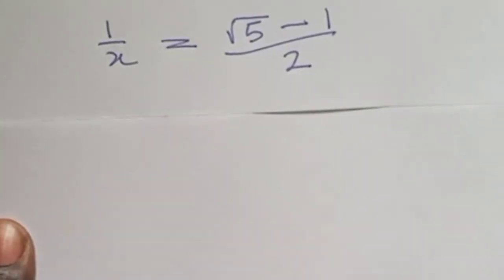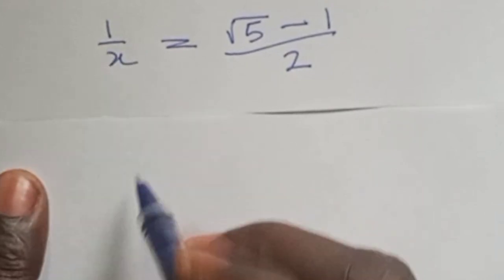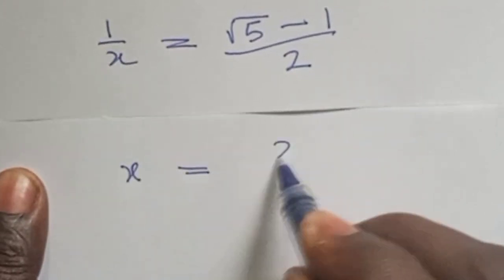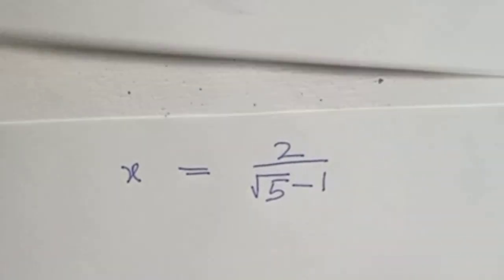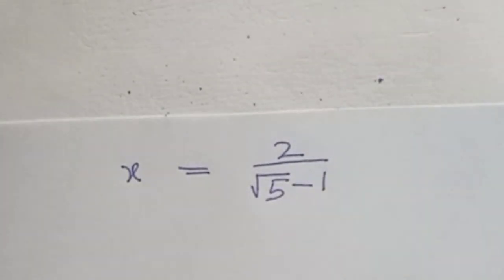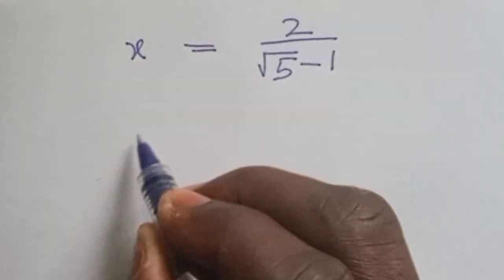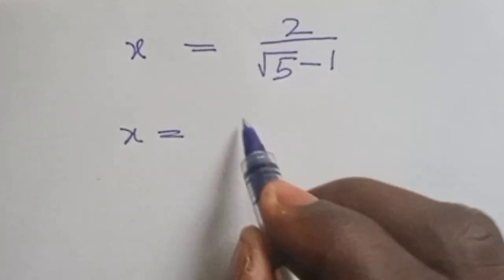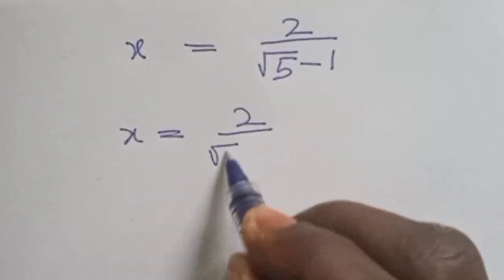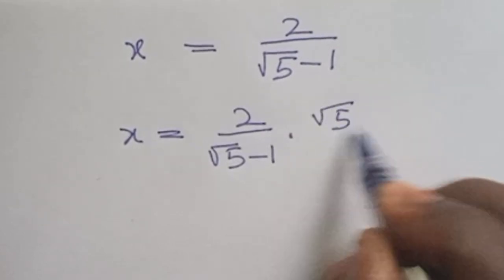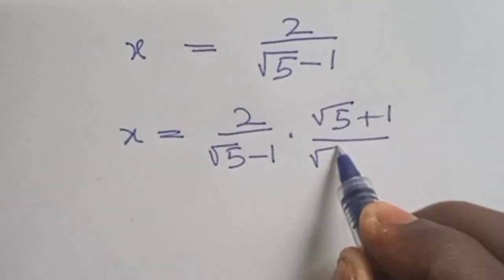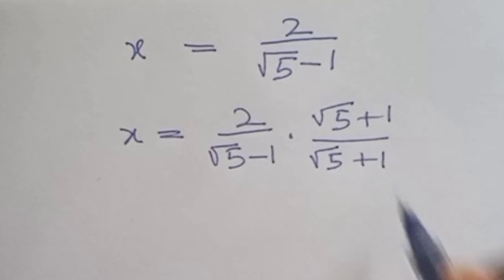So if we take the reciprocal here once more, it will now be s equals 2 all over square root of 5 minus 1. So s can be equal to 2 all over square root of 5 minus 1 times square root of 5 plus 1 all over square root of 5 plus 1.